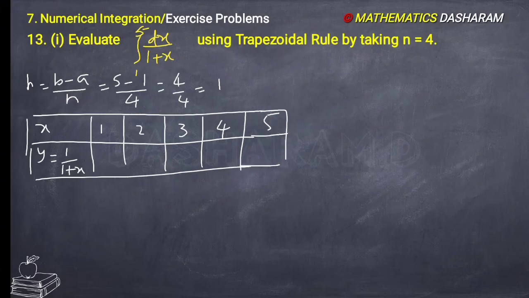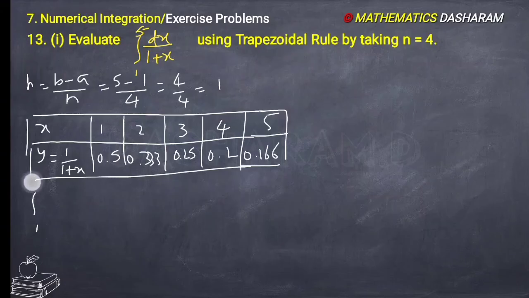So when x value is 1, then its y value is 0.5, because 1 by 1 plus 1 is equal to 1 by 2. 1 by 2 answer is 0.5. When x value is 2, y value is 0.333. So now using the trapezoidal rule we are going to find out the answer.